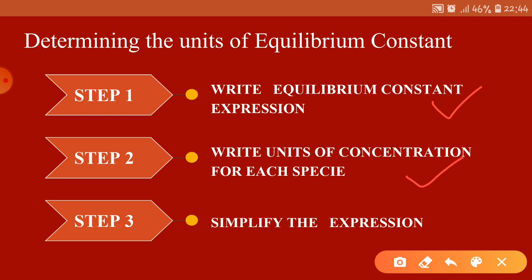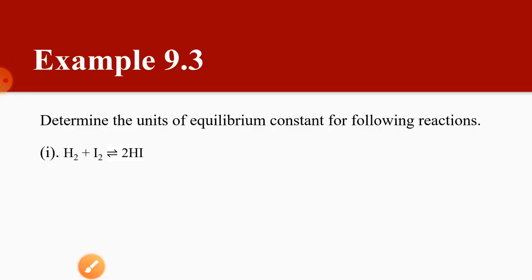In step 2 we will just write the units of concentration for each species, like we will be writing units of concentration for all the reactants present within the reaction mixture as well as for all the products. And in the third step we will just simplify that expression. We will learn these concepts by attempting certain numericals and examples.